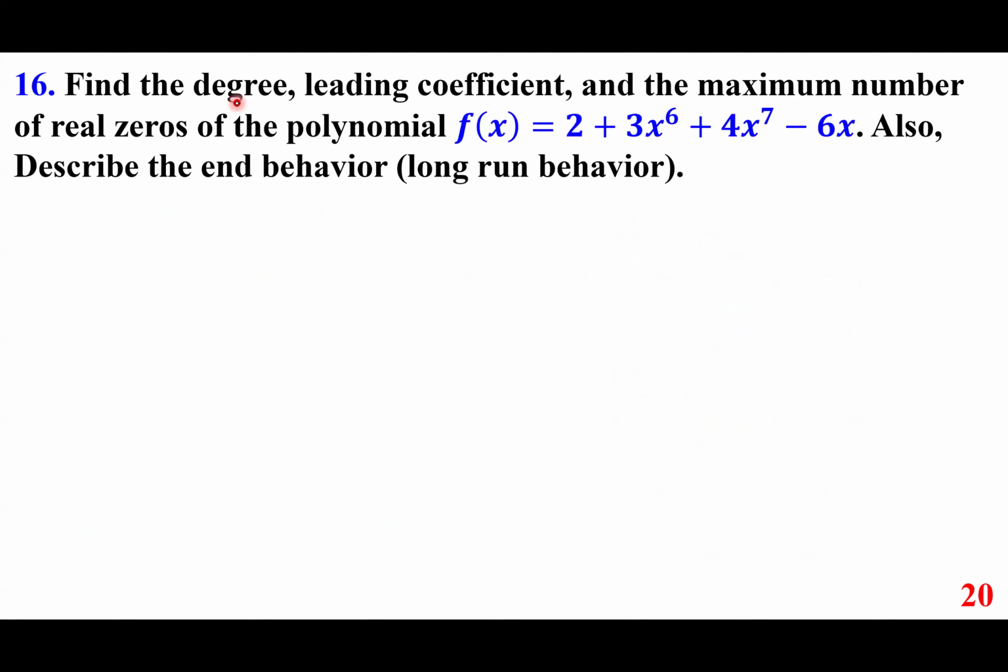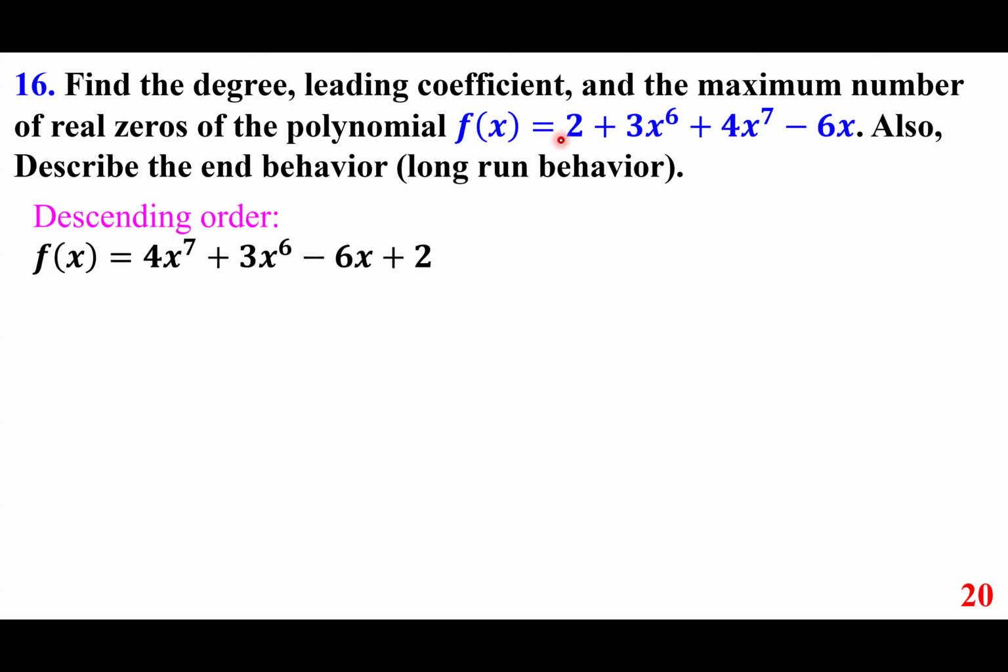Find the degree, leading coefficient, and the maximum number of real zeros of the polynomial f of x is 2 plus 3x to the power of 6 plus 4x to the power of 7 minus 6x. Also describe the end behavior or long run behavior. To be able to answer that, the very first thing you want to do is put this in descending order. So 4x to the power of 7 is first, 3x to the power of 6 is second, this is third, and this is last.